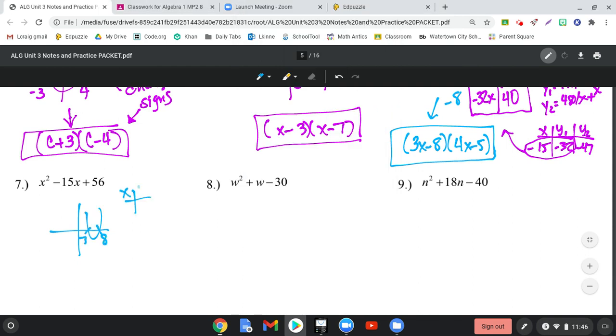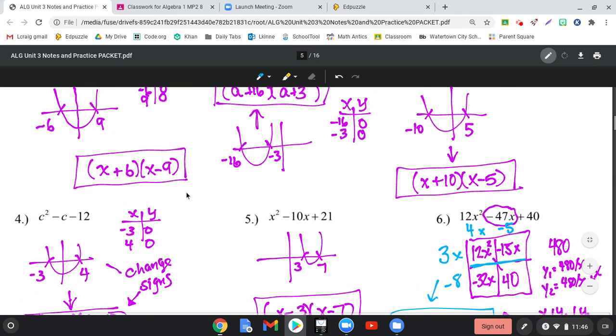Again, you can look at the table. But when you go to write it, remember, change the sign. So x minus 7, x minus 8, which makes sense because if you were to multiply those, -7 times -8 gives you a positive 56, and -7 plus -8 gives you a negative 15.